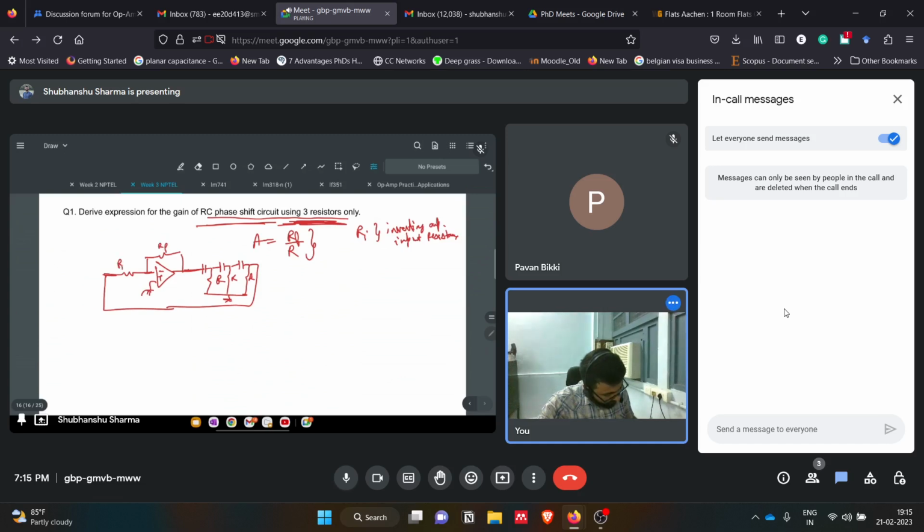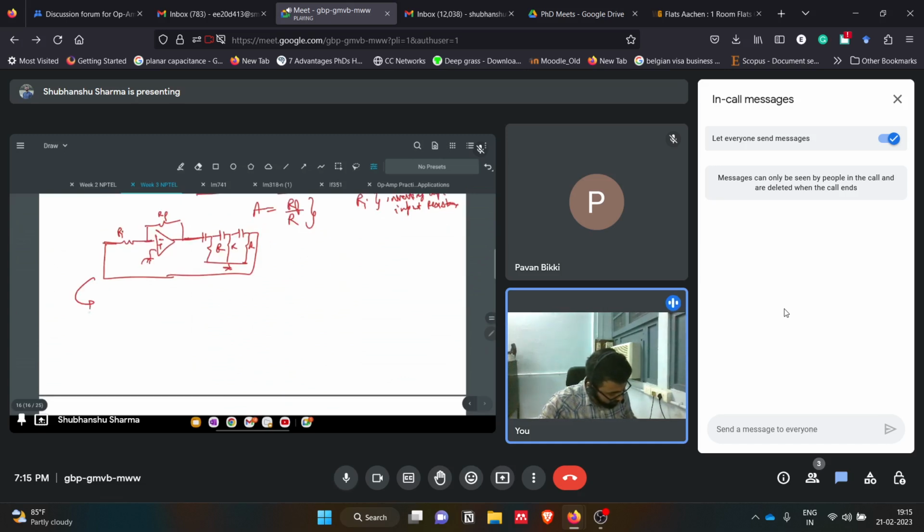But in the question it was being solved with one resistor here, one resistor here, then one capacitor, one resistor, one capacitor, one resistor, and then one more capacitor. It was like this, so we will solve this based on this.